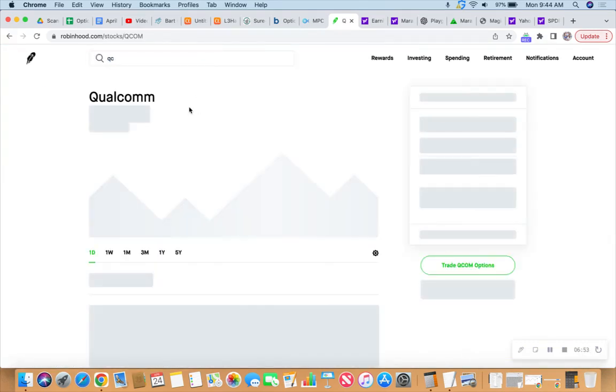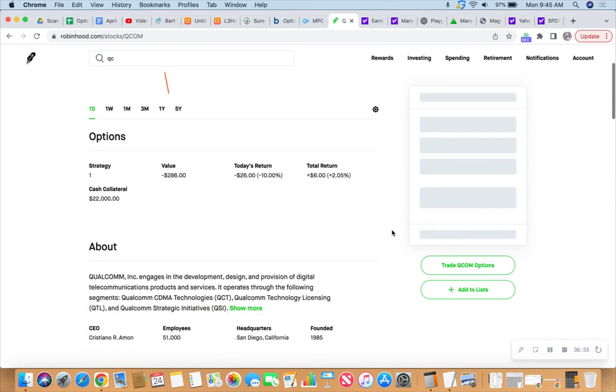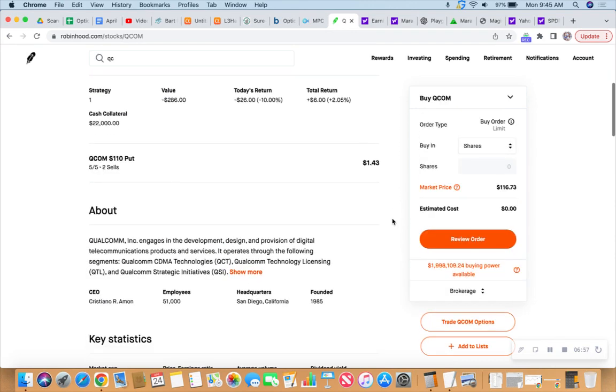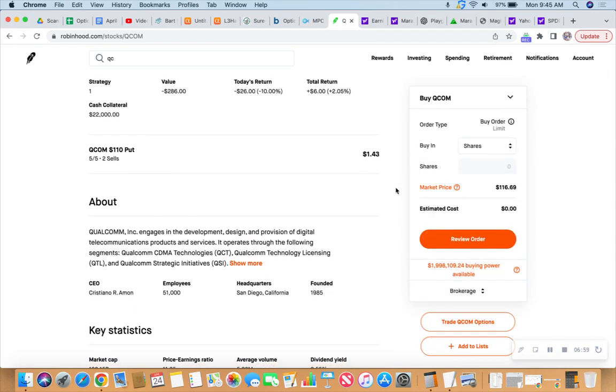Talking out loud to you, my friend in stocks, options, and dividends. So right there, we've got one strategy, and it is a 110 put on the Qualcomm, which is probably underwater right now.